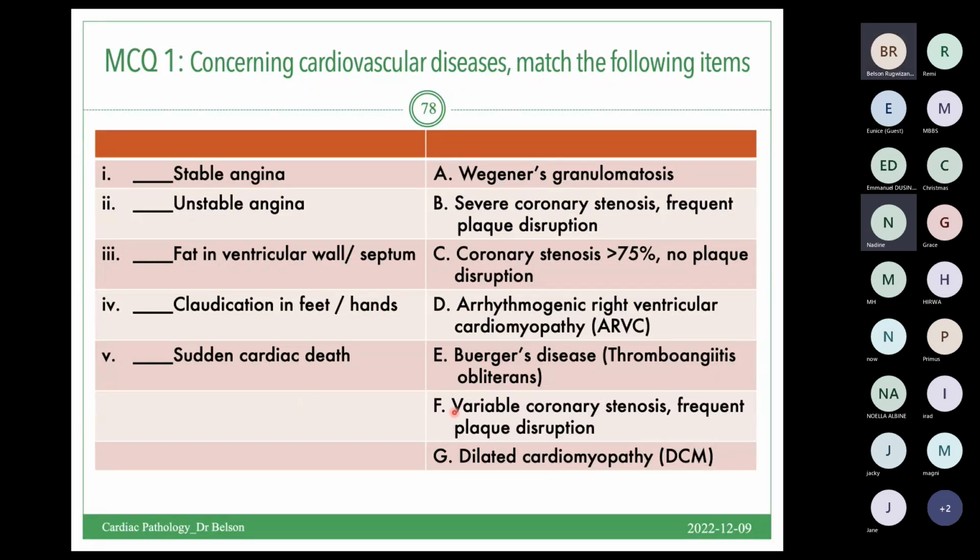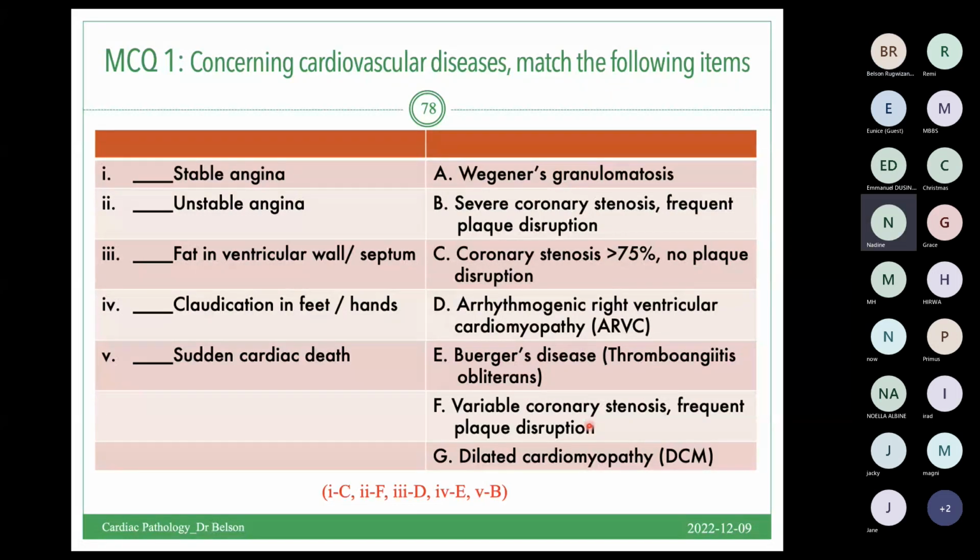B. You put F. Okay, sorry. Yes, you are right. It is F. I thought you were referring to C. Okay. So 1 is with C. 2 is with F. Frequent plaque, sorry, sir.